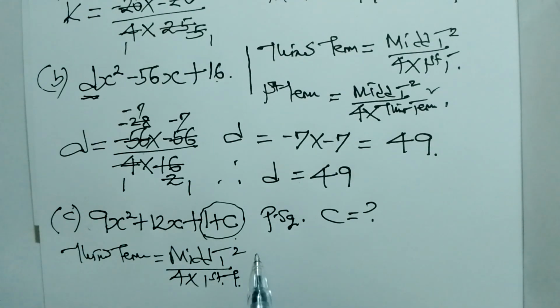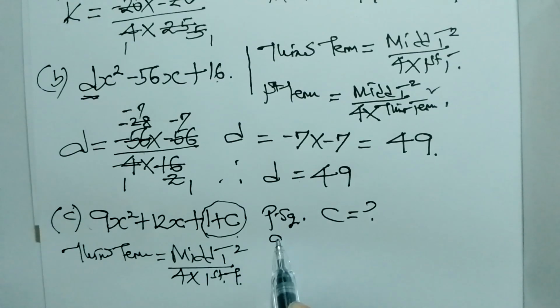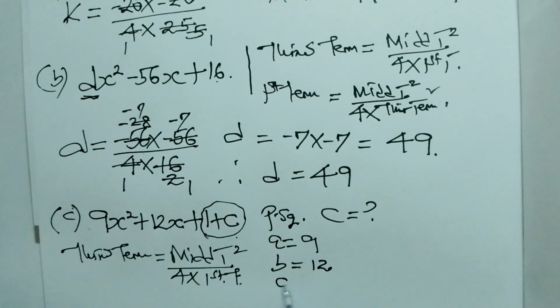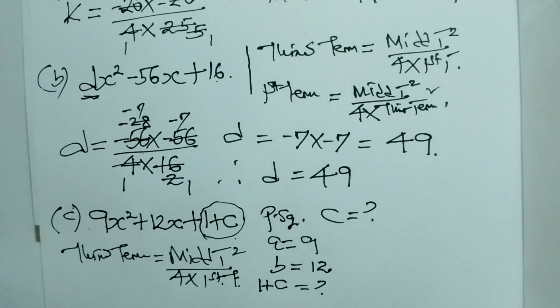In this particular case, our first term is 9, the coefficient of x squared. Our middle term is equal to 12, and our third term, which is comprised of 1 plus c, is not known to us. That is what we want to get.